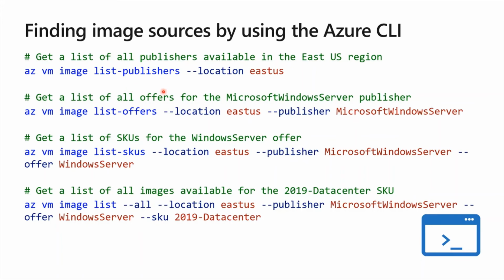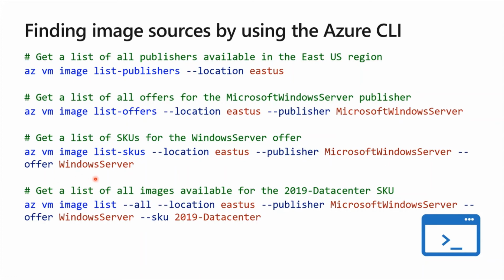Same way, if you want to get all the offers, you just need to specify the location plus the publisher, because then you go one level down. Same way, az vm image list-offers. And then if you want to get SKUs for a specific offer, you say az vm image list-skus, then you specify location, publisher, and offer.